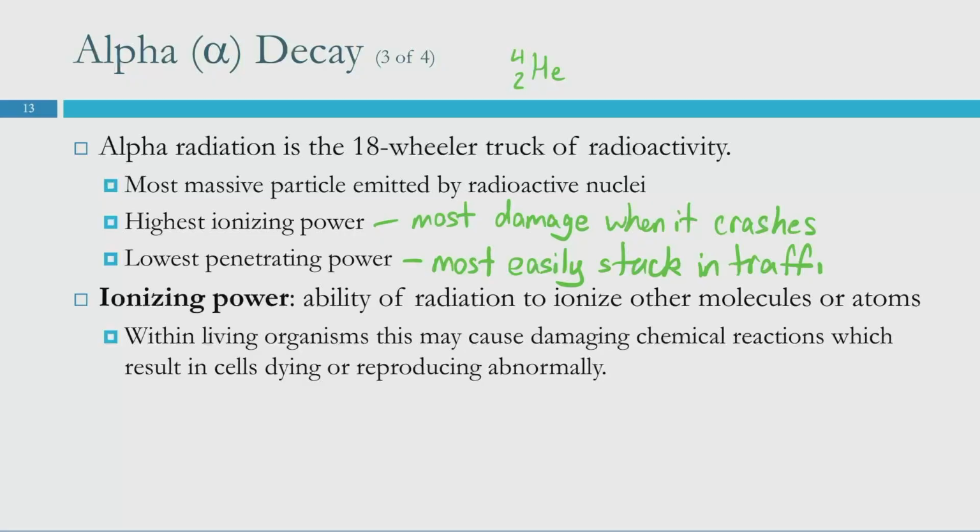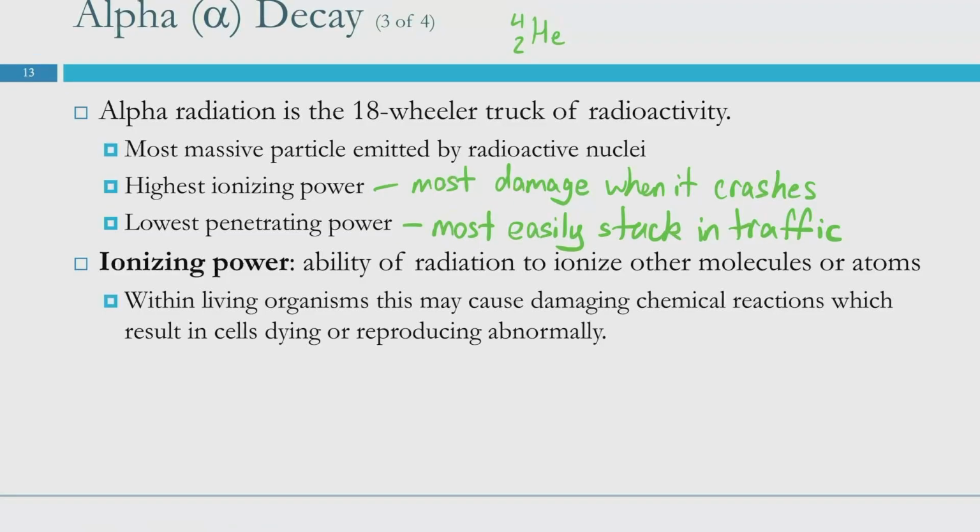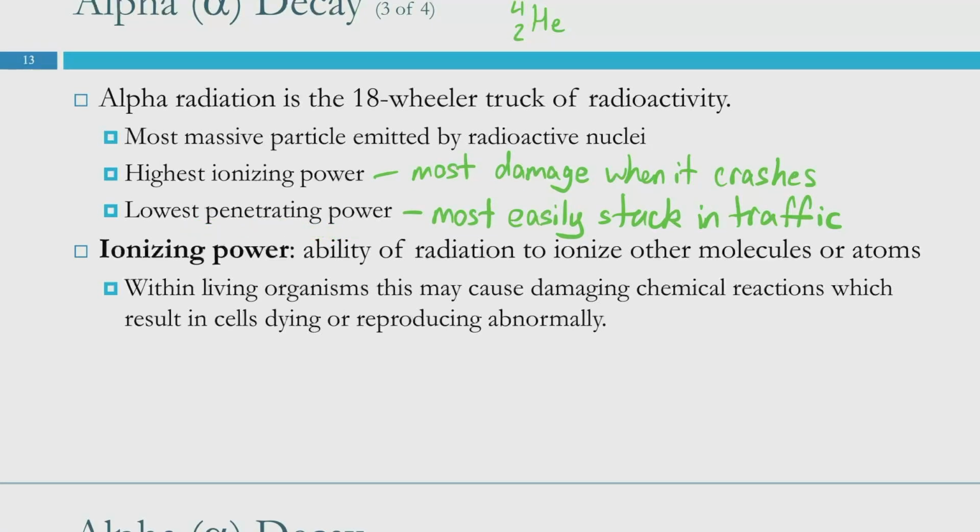If it goes rogue, if the brakes get cut on an 18-wheeler truck, it won't go very far before it's stopped because it's just going to run into things constantly. It's too large to navigate its way around other vehicles. And so that's what we're thinking about in terms of penetrating power. It's not going to get very far before it runs into something.